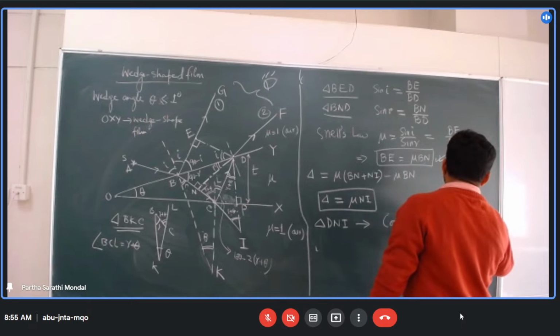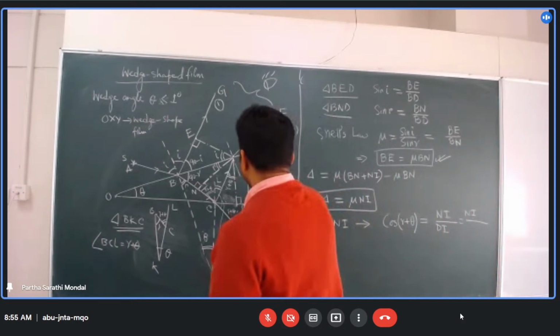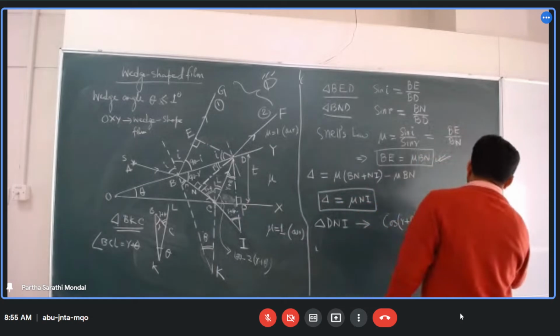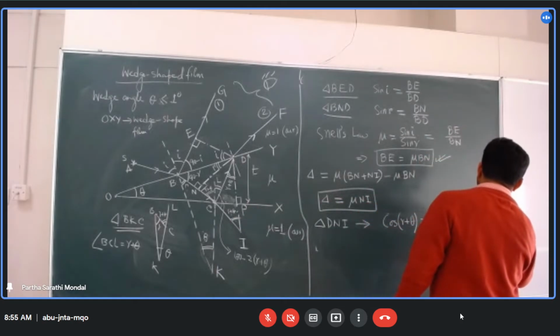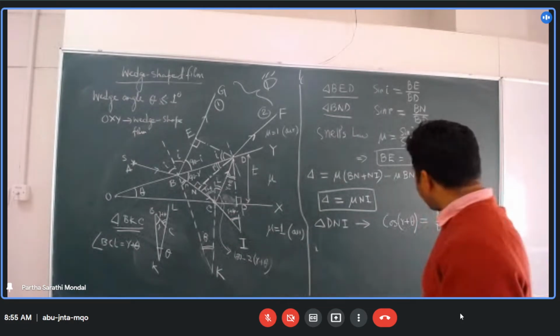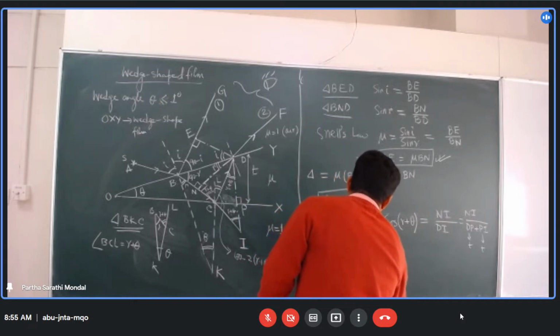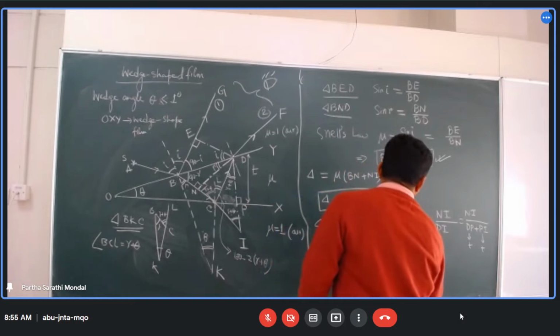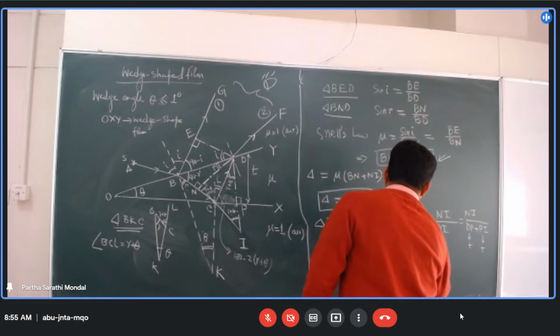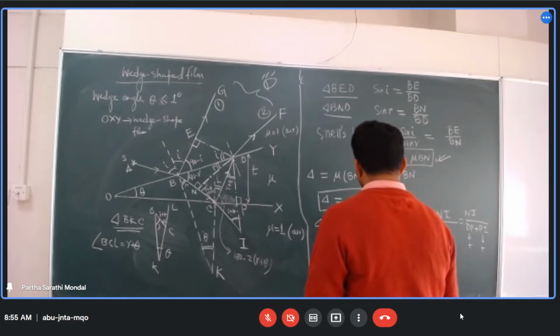DI is nothing but DP plus PI. DP and PI are both equal to the thickness of the film at P. So that means you will get cos of r plus theta equal to NI into 2t.